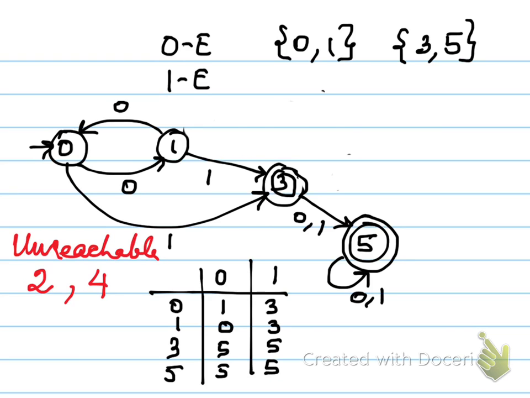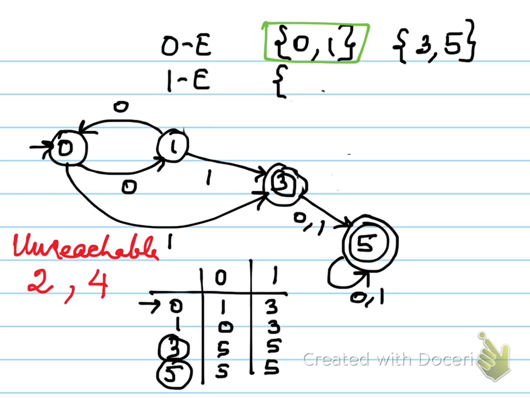Now from this transition table, let us see if there are any 1 equivalents present. Let us take 0 and 1. 0 is our start state, and 3 and 5 are our final states. From 0, on 0 it goes to 1, and 1 on 0 goes to 0. Both of these are in the same set, so no problem.